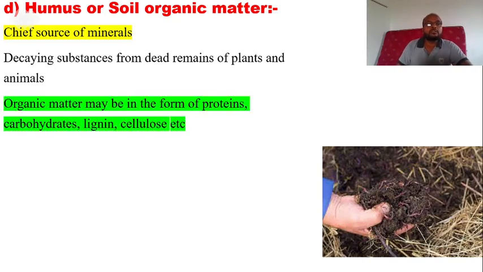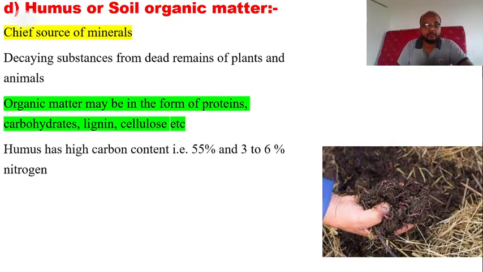This complex portion is converted into simple form by the activity of microorganisms during the decaying or decomposition process. Due to decomposition of the protein, carbohydrate, lignin and cellulose present in the plant and animal remnants, they are converted into a simpler form, and this is called humus.